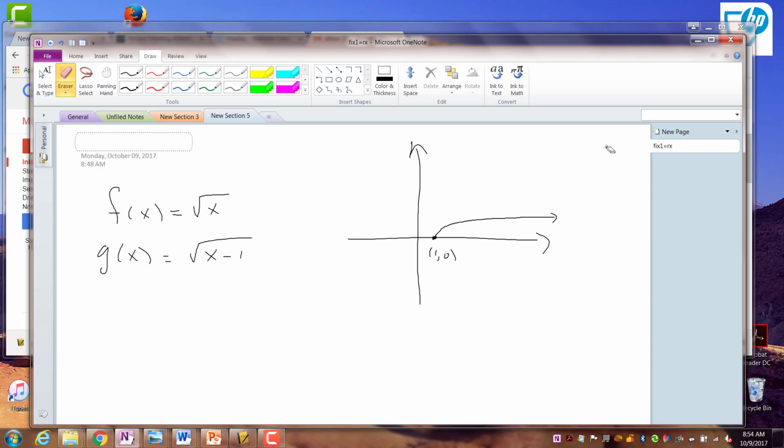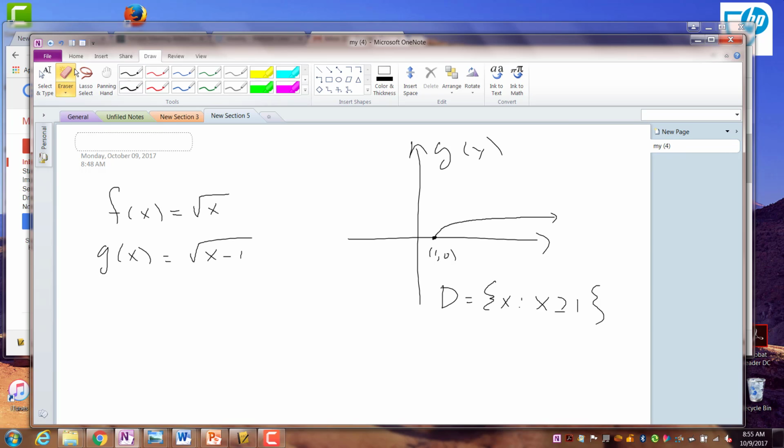What's the domain of g of x? Let's think about that. The domain is x such that x is greater than or equal to 1. So there's your g of x function.